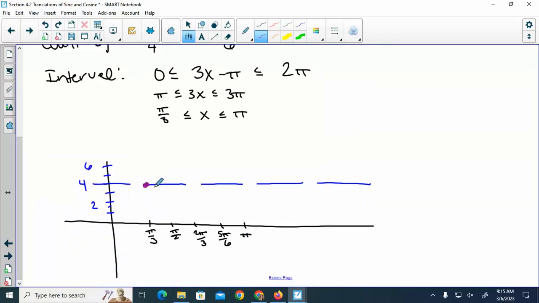The amplitude is 2. So at pi over 2, will be 2 below this line. 2 pi over 3, we're back on the line. And 5 pi over 6, we go 2 above. And pi, we're back on the line. So it should look like this.